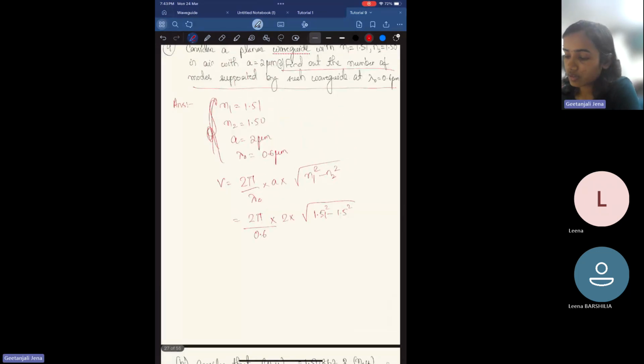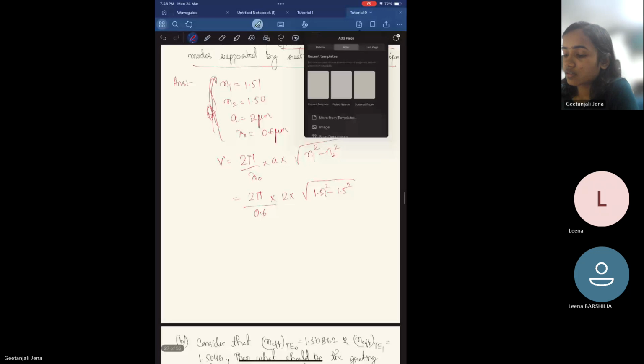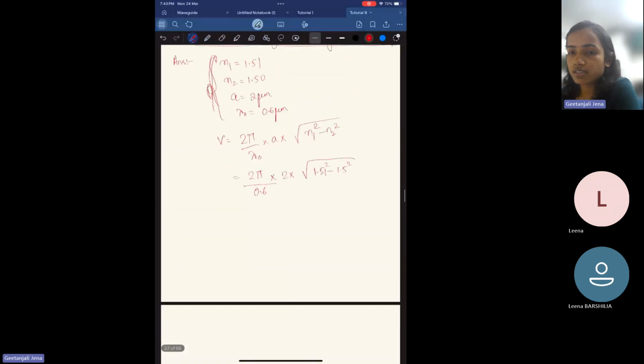Maybe a typo. So it will come around 3.63. 7.49. No, it will come around 3.63.